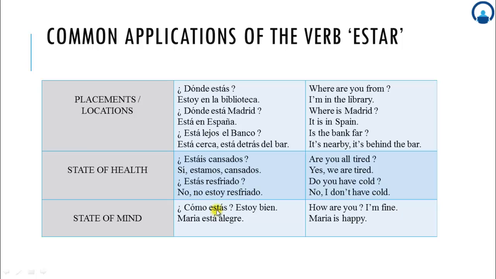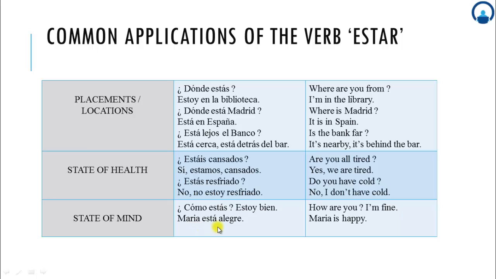Over here I am using the verb estar and the question ¿cómo estás? That means the variable state. I am asking you about your variable state, about your condition, about your status. How are you? ¿Cómo estás? Estoy bien. I am fine.